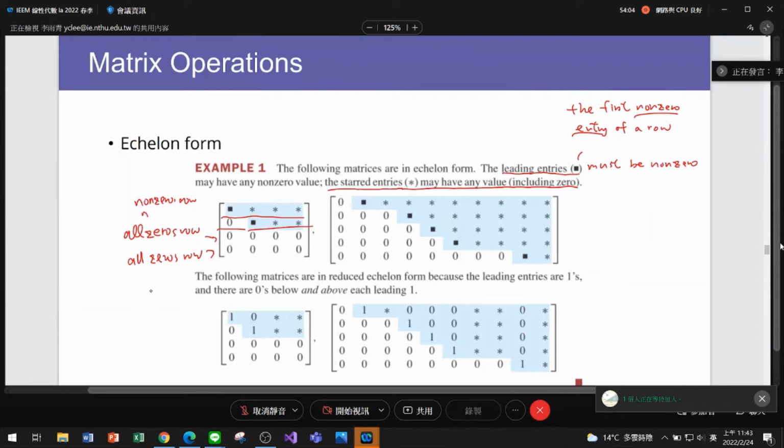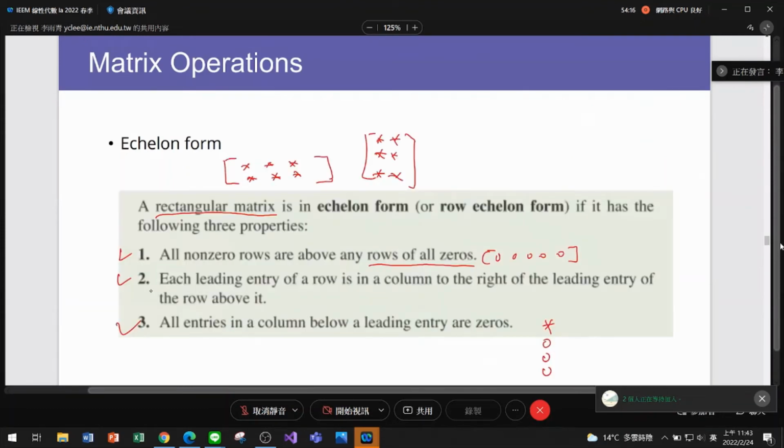This is a non-zero row. So it satisfies the first property of the echelon form. And what about the second? Each leading entry of a row is in a column to the right of the leading entry of the row above it.